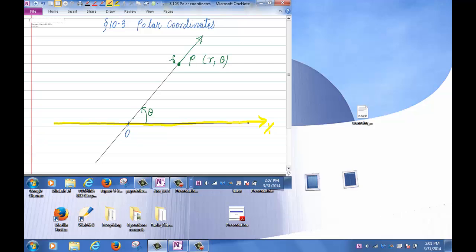However, there are many other ways we can rotate the polar axis and still intersect the point P, right? So what are the other ways? Well, you can note that if I rotate my polar axis, I'm going to go round and round as many times as you want, and then let's say this angle is theta plus a multiple of 2 pi, which is 2n pi. So how many times did I rotate?